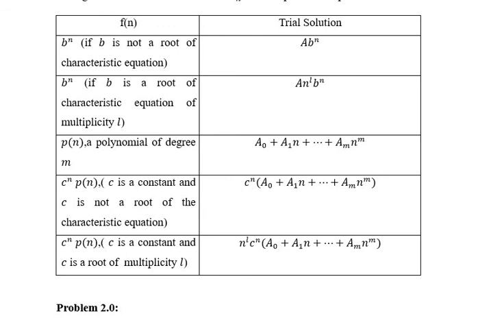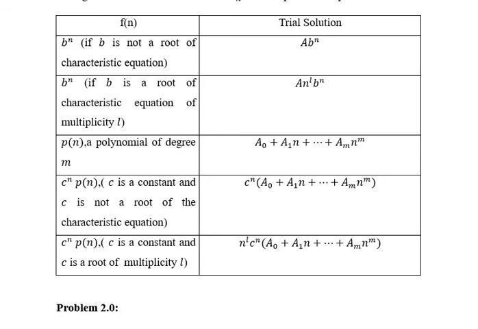Now suppose c is a root of multiplicity L, with f(n) being c raised to n p(n). Then your trial solution will be of the form n raised to L, c raised to n into a0 plus a1 n plus etc. plus am n raised to m.